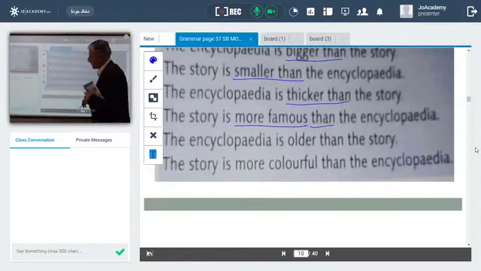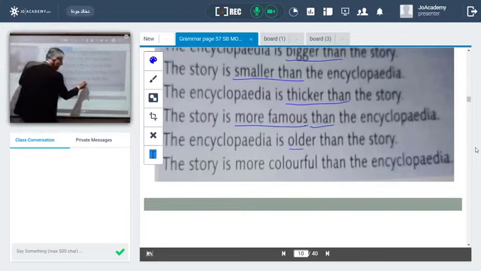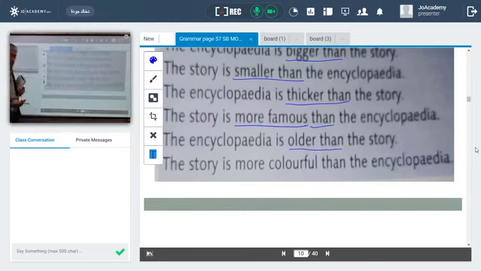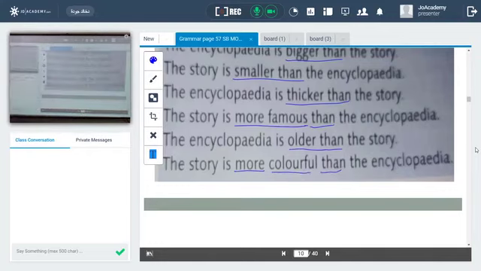Okay, the last one, we said the encyclopedia is older than the story because it's old. Old, older than. It's older than the story. So according to the picture, the encyclopedia is older than the story. And the last sentence we have, the story is more colorful than the encyclopedia. So it's more.